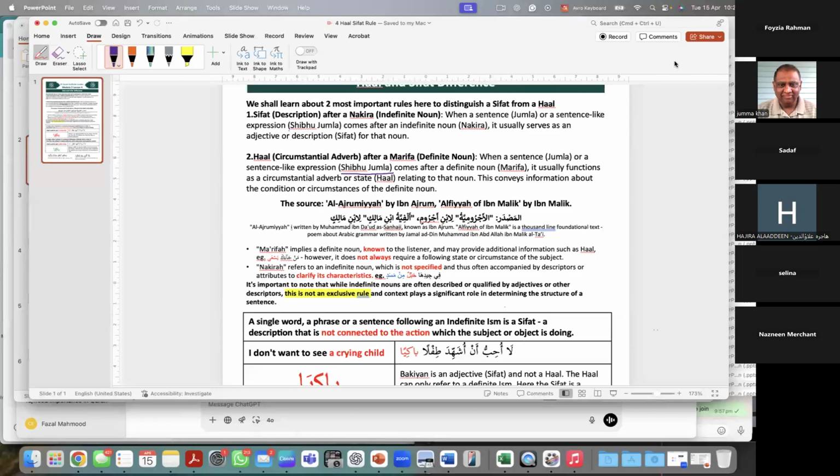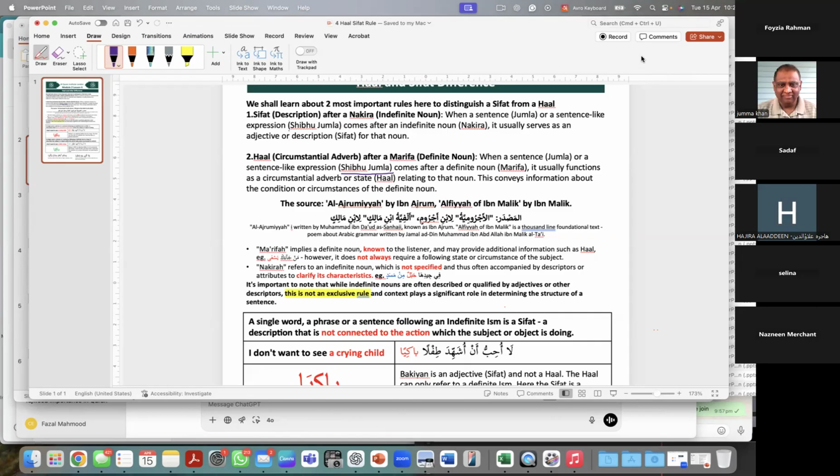Jar majrur. When there is jar majrur, it's a kind of shibu jumla.